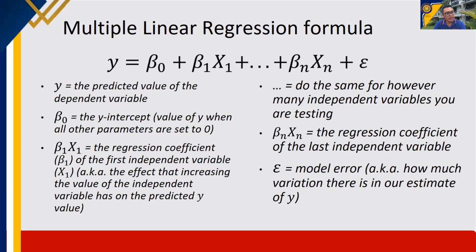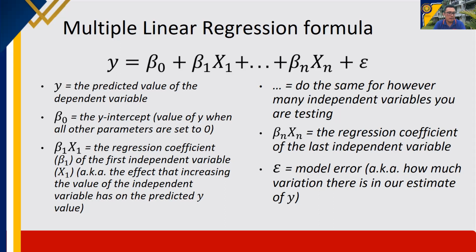So, y is the predicted value of the dependent variable, and beta sub 0 is the y-intercept, the value of y when all other parameters are set to 0. Beta sub 1 is the regression coefficient of the first independent variable, also known as the effect that the independent variable has on the predicted value.